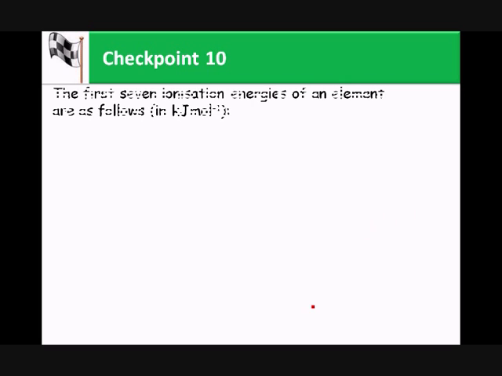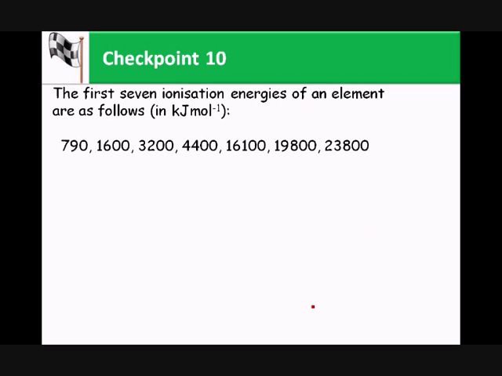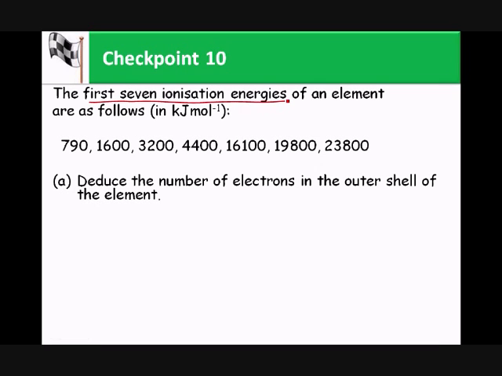Next, for checkpoint 10, we have the first 7 IE of an element, so it's given also. They ask us to deduce the number of electrons in the outer shell of the element, simply asking what is the number of valence electrons.